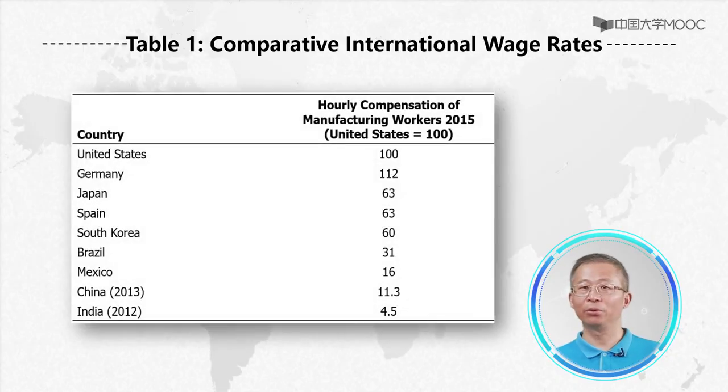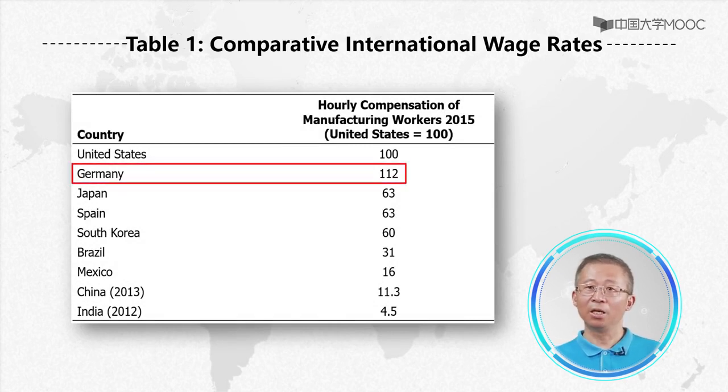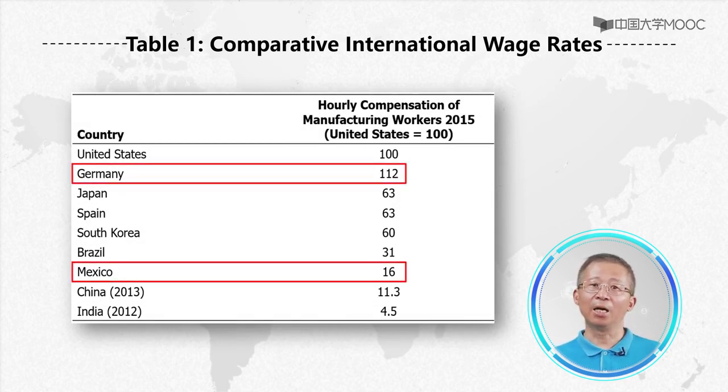For example, in 2015, hourly compensation of manufacturing workers in Germany was 7 times as high as that in Mexico. Look at table 1. There are several reasons why differences in resource prices exist.